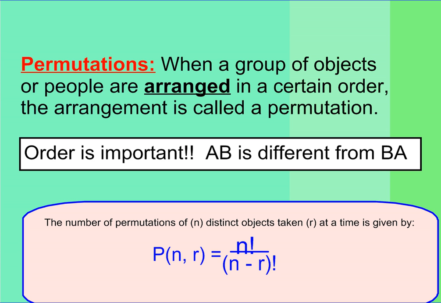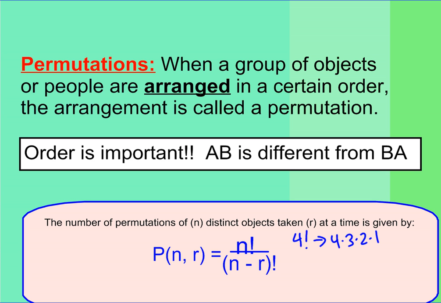That is a big deal. So the number of permutations of n distinct objects taken r at a time is given by P(n, r) = n factorial over (n minus r) factorial, which, if you'll remember from before, just means multiply that down. So if I have 4 factorial, that means 4 times 3 times 2 times 1.